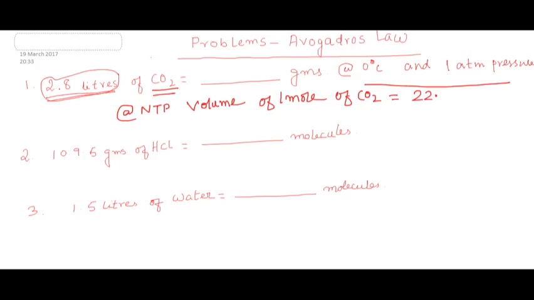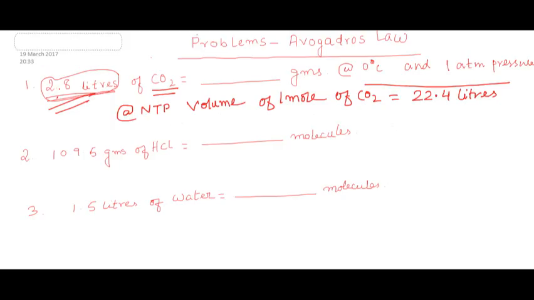That is molar volume, that is 22.4 liters. So this value we know. So how will we convert this 2.8 liters into moles?